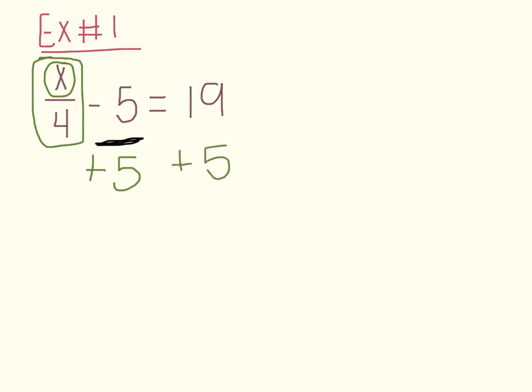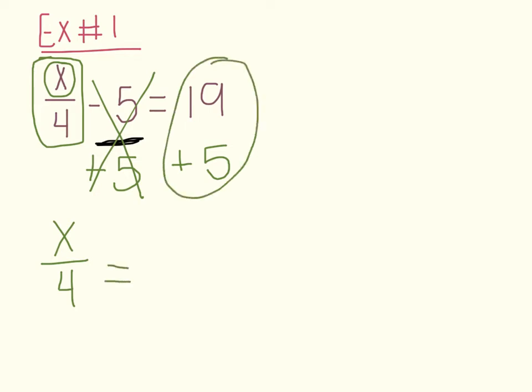Remember, whatever you do to one side, you have to do to the other. On this side, it's going to cross itself out because they're opposites. Now, we're going to be left with x over 4 on one side. And on this side, we're just going to add like it says to do. So 19 plus 5 is 24.